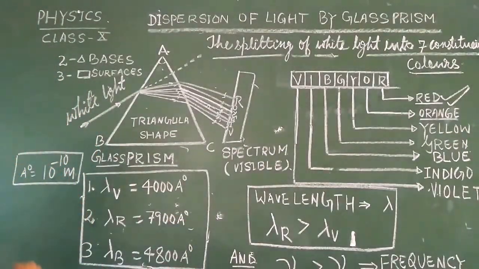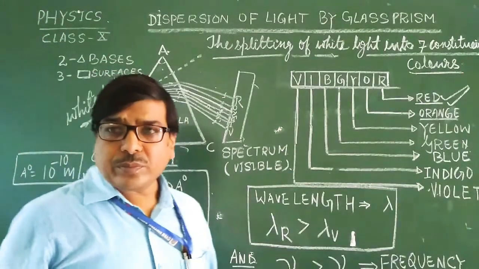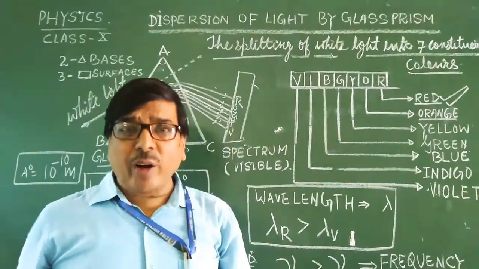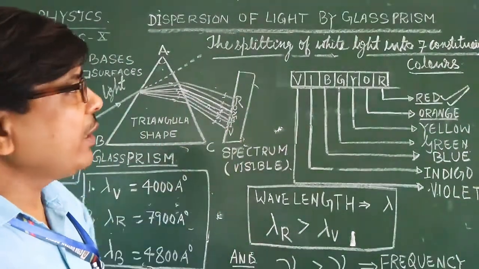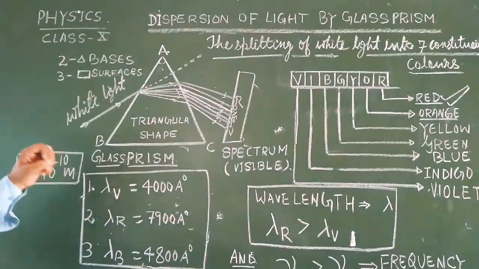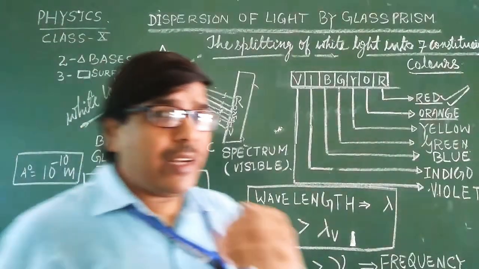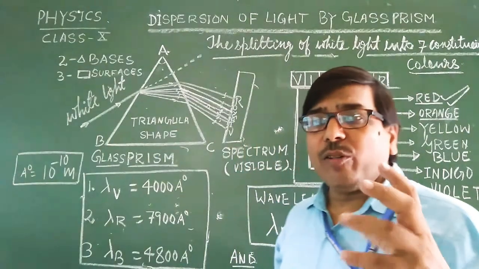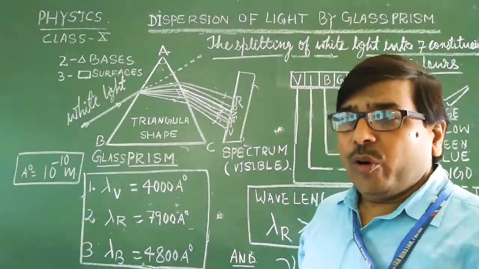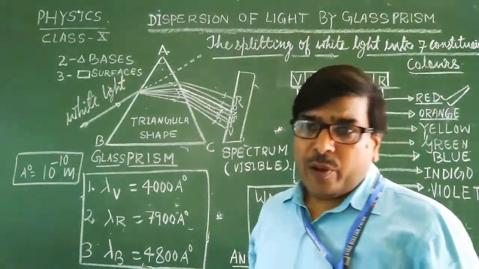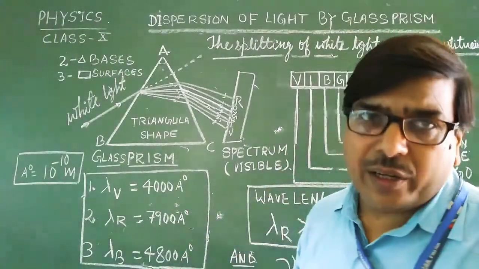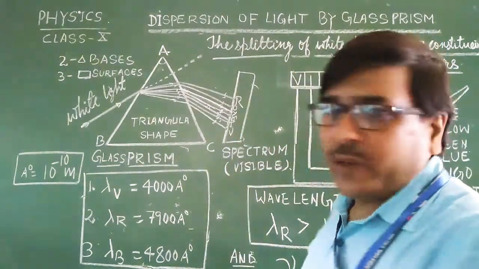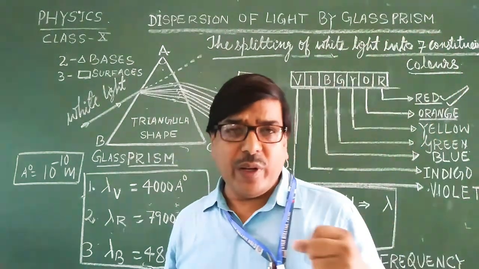So dispersion is defined as the phenomenon of splitting of white light into 7 colors. Why does it happen? It is generally asked why a rectangular glass slab does not show dispersion, that is, does not split white light into 7 colors, but a prism shows this phenomenon.